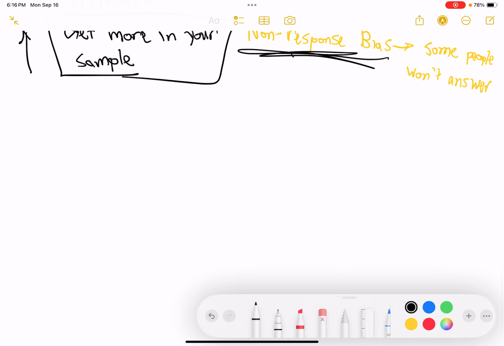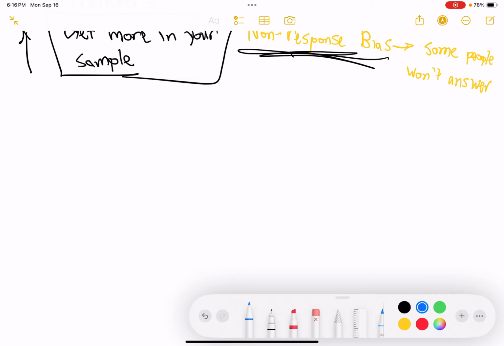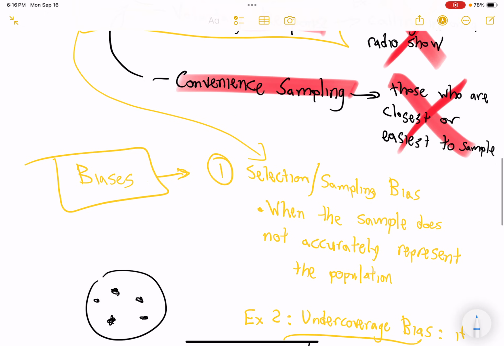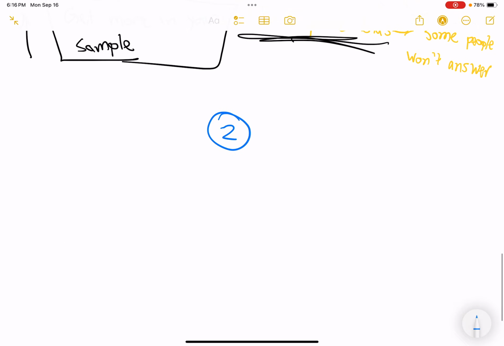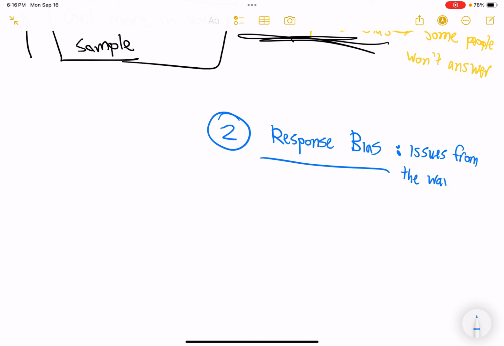The other type of bias, and this is going back to the overarching kinds of bias, let's look at number 2. We talked about selection and sampling bias. Number 2 is what's called response bias. And what does that mean, you might ask? Well, it just has to do with issues from the way the questions are presented or worded.